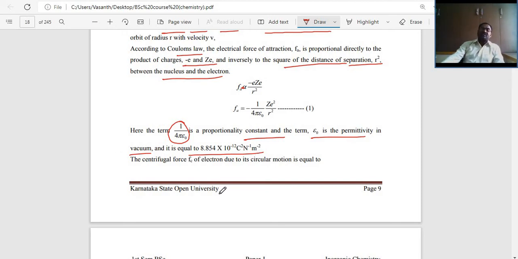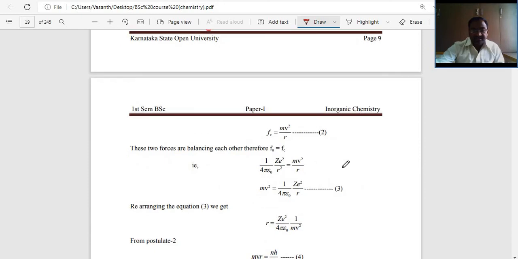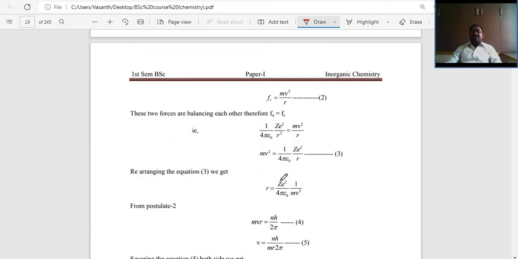When the electron is revolving around the nucleus, it creates the centrifugal force Fc, which is equal to mv square by r. These two forces balance each other. The force of attraction is equal to the centrifugal force, so we equate both.